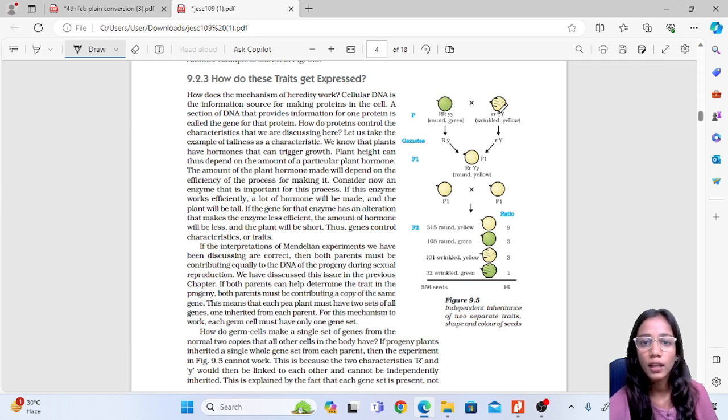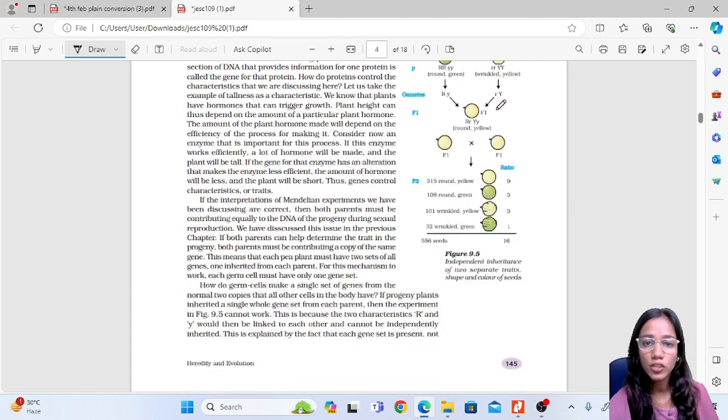Then small r was for wrinkled, and capital Y was for yellow. So round was the dominant trait for the shape of the seeds, and yellow was the dominant trait for the color of the seeds. And green was the recessive trait for the color of the seed, and wrinkled was the recessive trait for the shape of the seed.